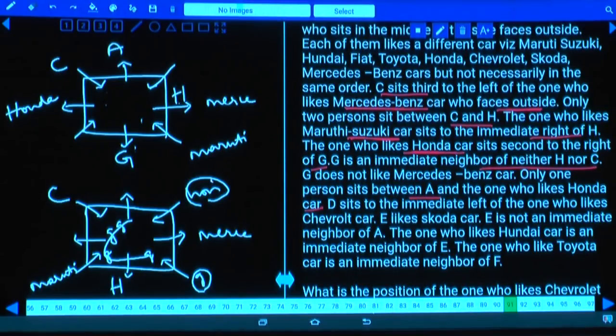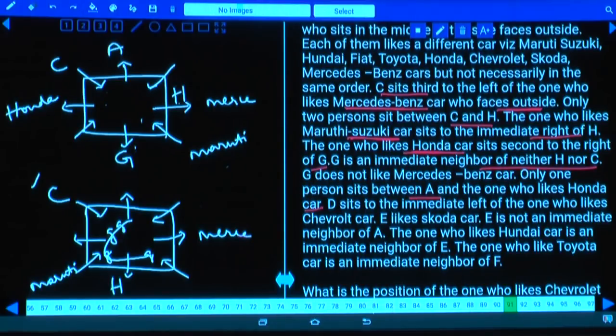If Honda car is here, one person between A and Honda car, then A must be either here or here. Is it possible? It is not possible. As it is not possible, hence Honda car cannot be here. As Honda car cannot be at this place, hence G cannot be here. As G cannot be here, then G must be here.